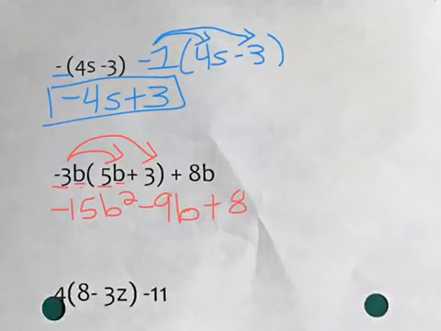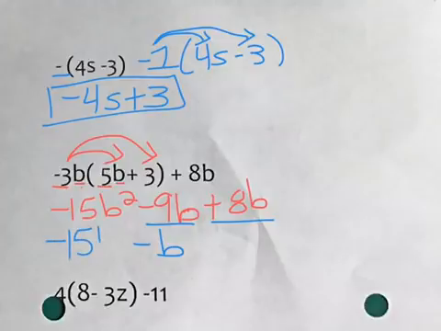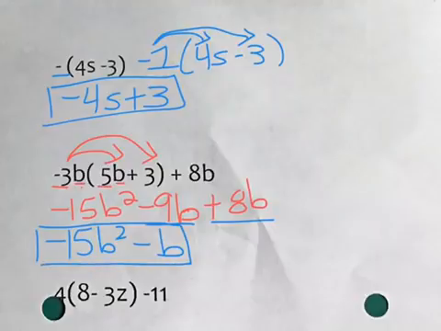And plus 8b is the last term that you're going to put down. Now, can we combine any like terms? Yes. -9b and a +8b. -9 plus 8 is -b, or -1b, and then -15b squared is a term by itself that cannot be combined.